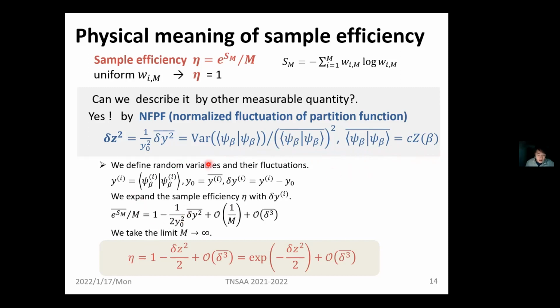This is the outline of the calculation. The weight W_i is proportional to the norm, given as Y_i. S_M is also described by Y_i. Therefore, using the NFPF, sample efficiency is represented as eta equals exponential of minus half of NFPF.